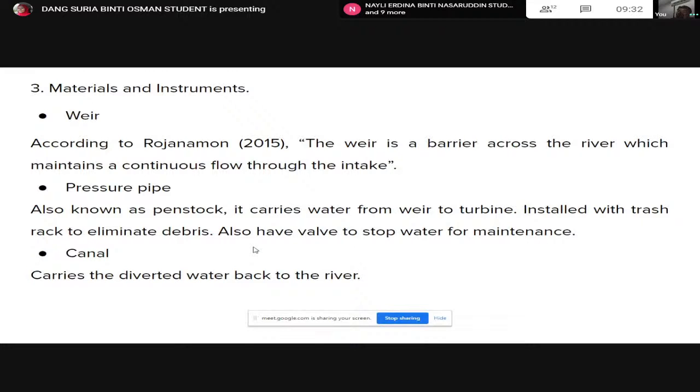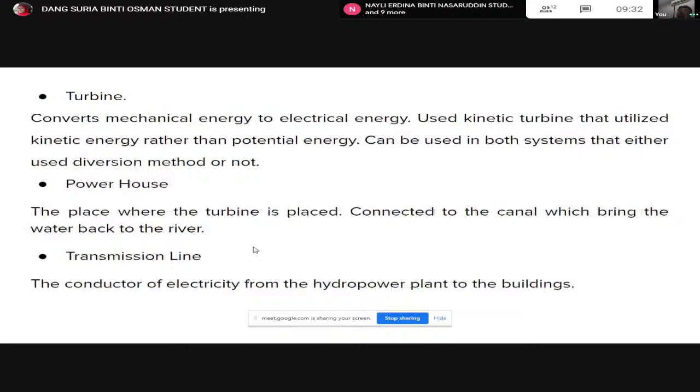Okay, next, the next instrument is the turbine. The turbine is a very important instrument in a hydropower plant. A turbine converts mechanical energy to electrical energy. Based on the journals that we have researched, we concluded that the kinetic turbine is the best turbine because it can be used in natural bodies of water.